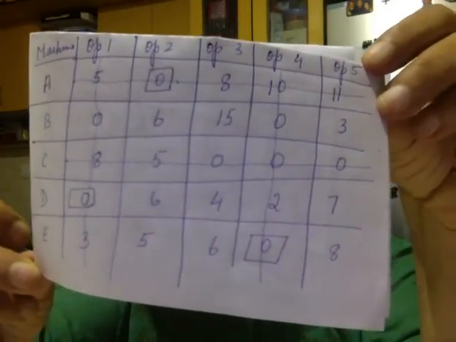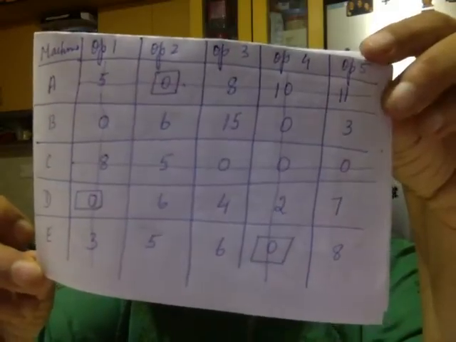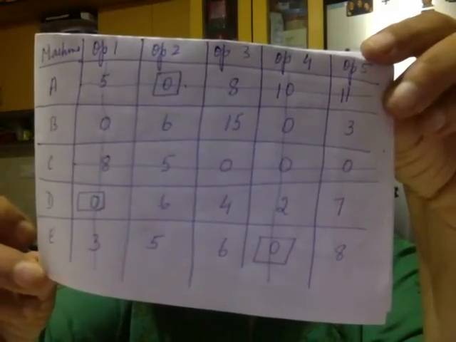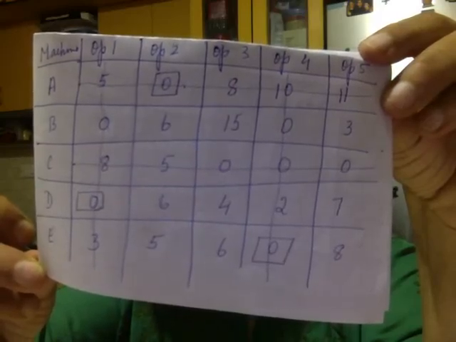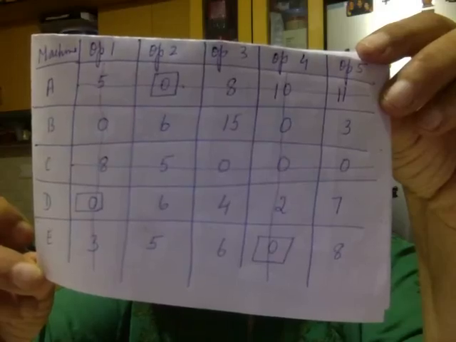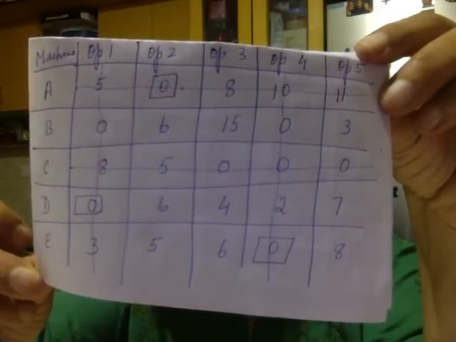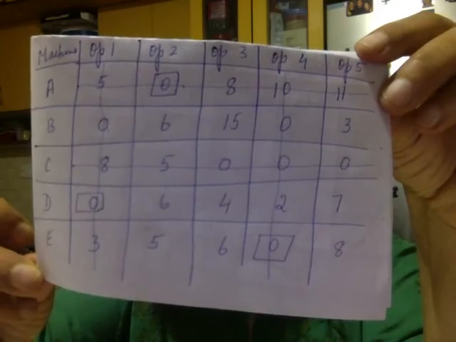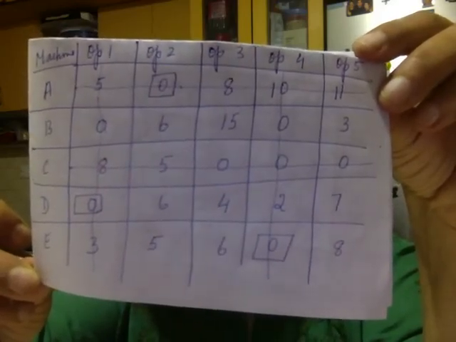Column 4, well, didn't know what to do, I will wait. Now we come to rows. In row 1, there was a single zero, so I said, let's wait. In column B, there were two zeros, but they were already touched by a line.